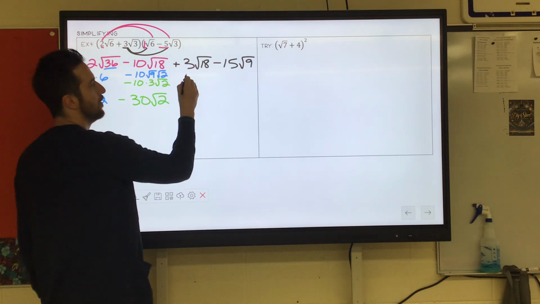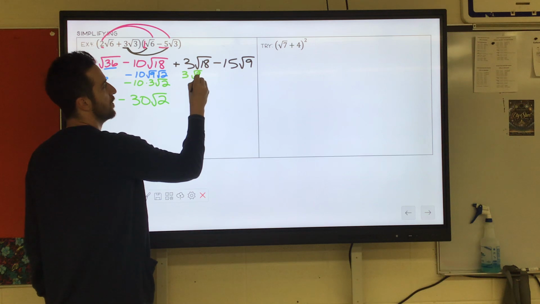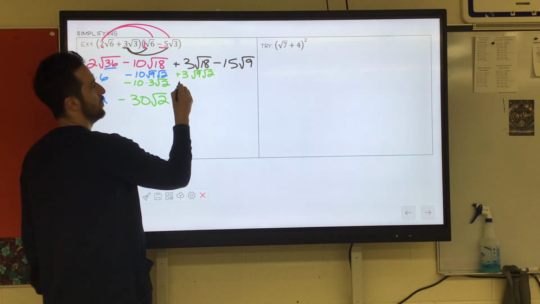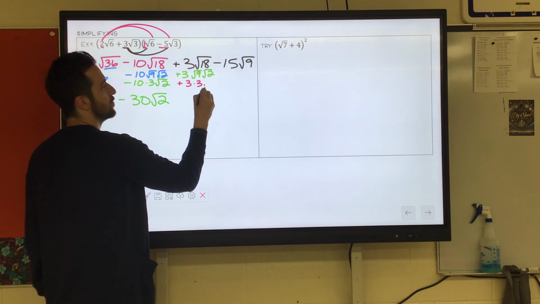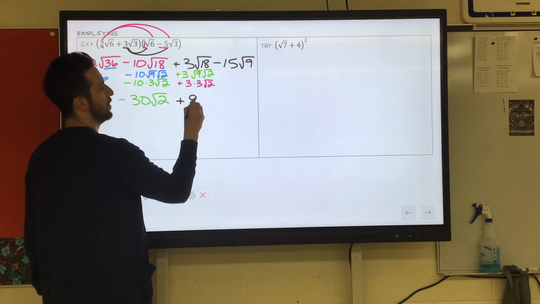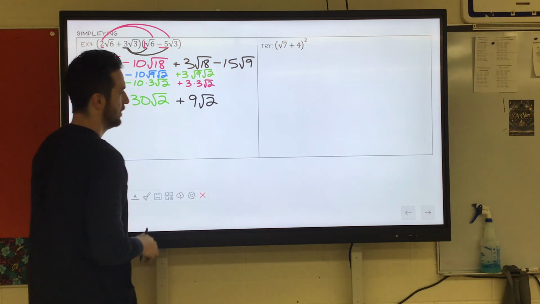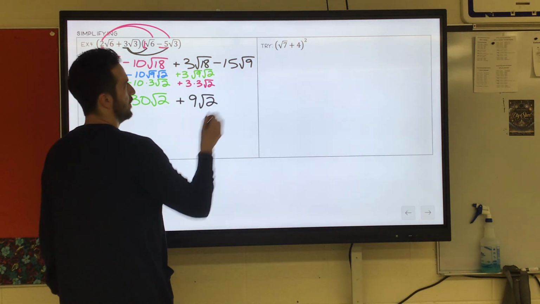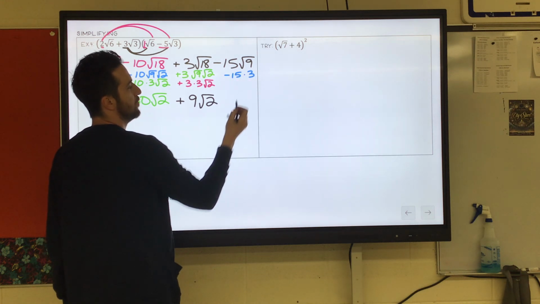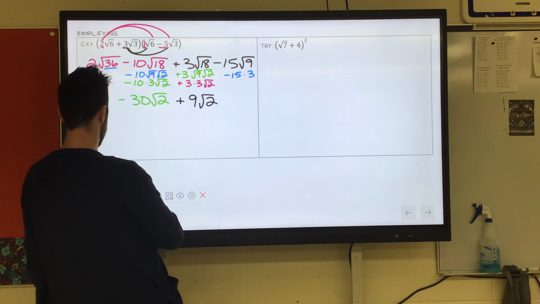It's 18 again, which we know 9 goes in there. The square root of 9 is 3, so it's 3 times 3 root 2. 3 times 3 is 9, so this comes out to 9 root 2. Last one. 9 is a perfect square. It's just 3, so it's negative 15 times 3, which is negative 45.